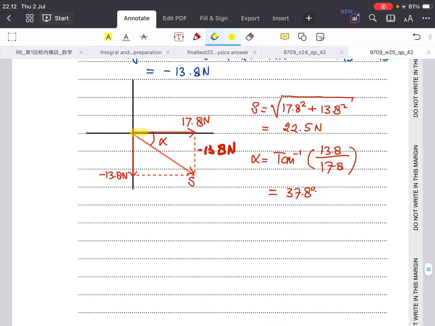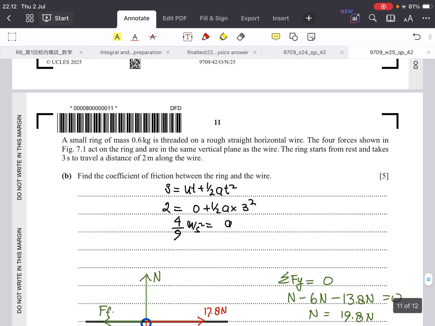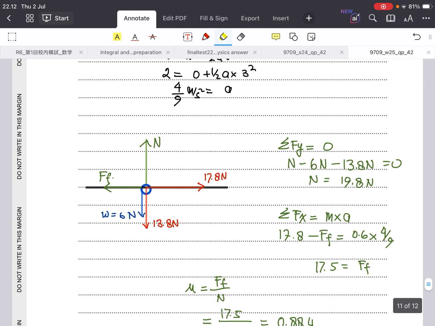S has x component 17.8 Newton and y component negative 13.8 Newton. So this is the ring, this is the x component of S and the y component of S. The y component of S is downward, so it is actually negative here.